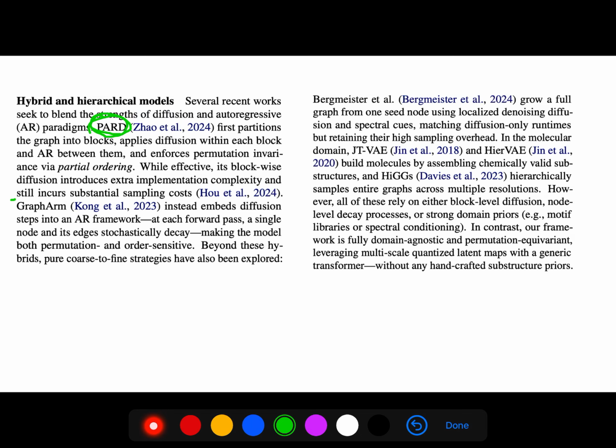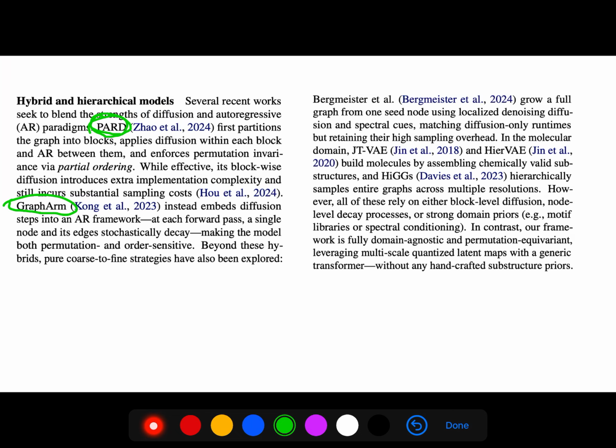But GraphArm, this one instead embeds diffusion steps into an autoregressive framework. At each forward pass, a single node and its edges stochastically decay, making the model both permutation and order sensitive.